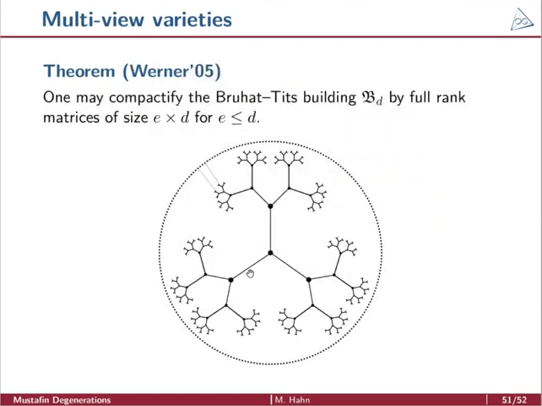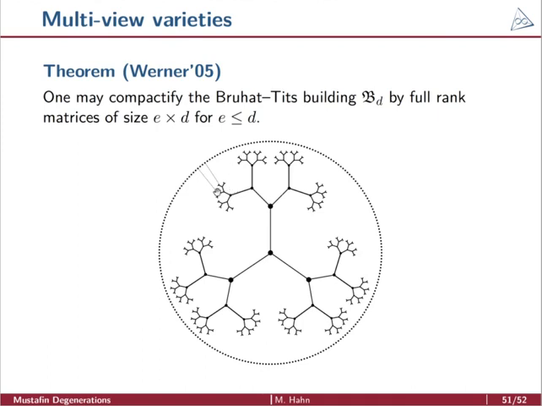And the starting point is the following theorem by Anna from 2005, who proved that one may compactify the Bruhat-Tits building B_D by full rank matrices of size E times D for E smaller or equal than D. I explained earlier that this building is built out of a vertex in the middle with 3 edges, and then 2 edges, 2 edges, 2 edges, and so on and so forth.